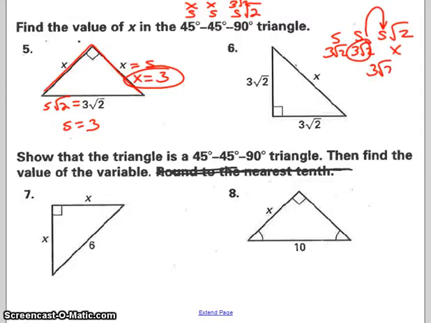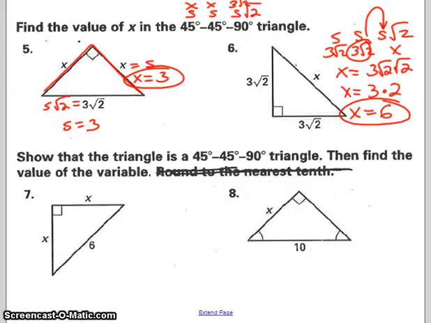So 3 square root 2, plugged in for s, times the square root of 2, is what x is going to equal. The square root of 2 times the square root of 2 is just 2, because that's the square root of 4, and we know the square root of 4 is 2. So you get x equals 6.